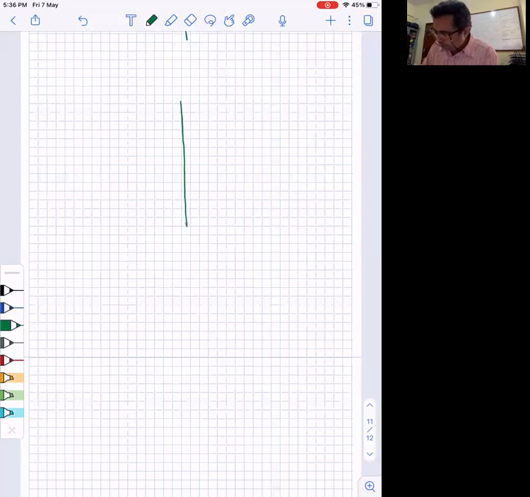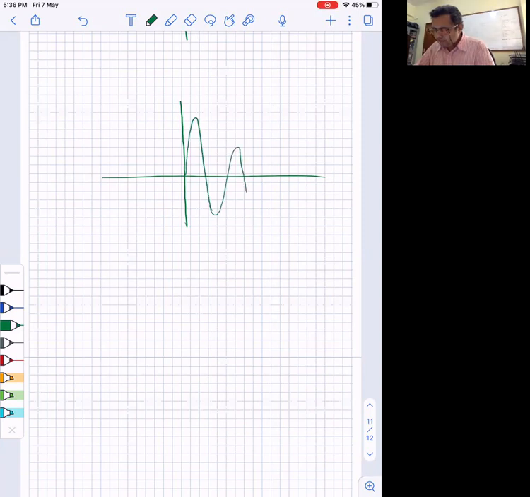Where we have a pulse which goes on for a long time, but it also decays. So like this. Okay. So it has some kind of a decay; this is E of t.